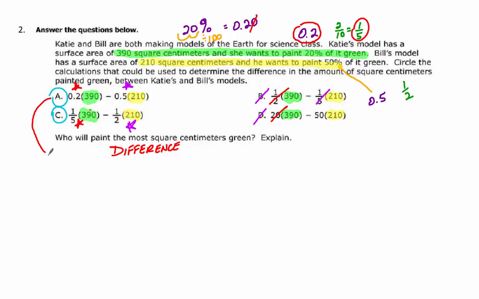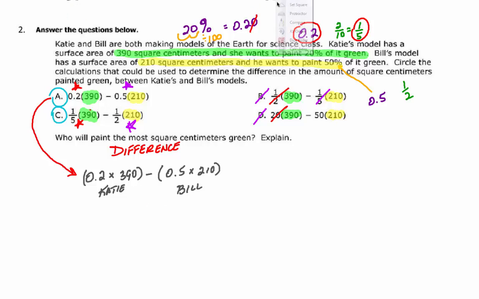We're going to bring this one down. It's the one already in decimal form. And we're going to have 0.2 times 390 minus, and by the way, that's Katie, minus 0.5 times 210, and that is Bill. All right, calculator out.